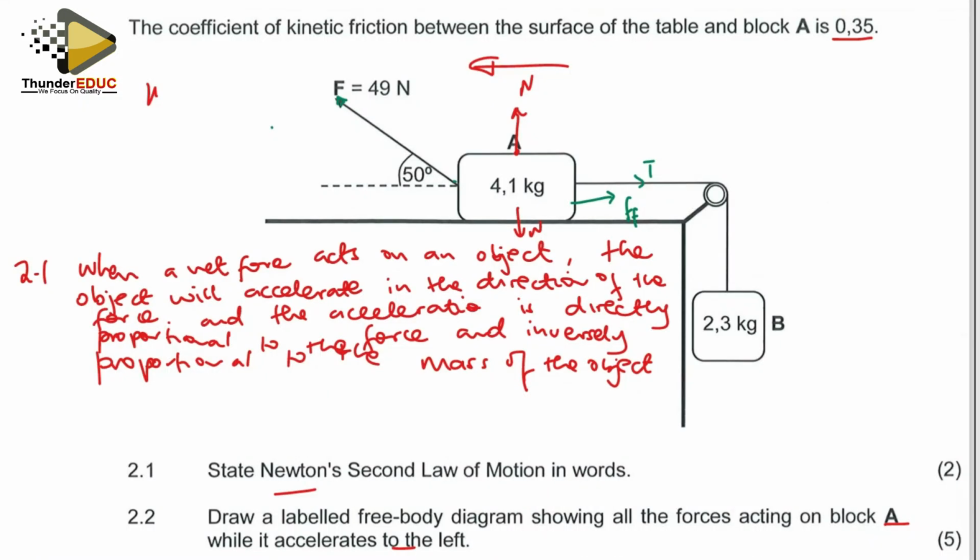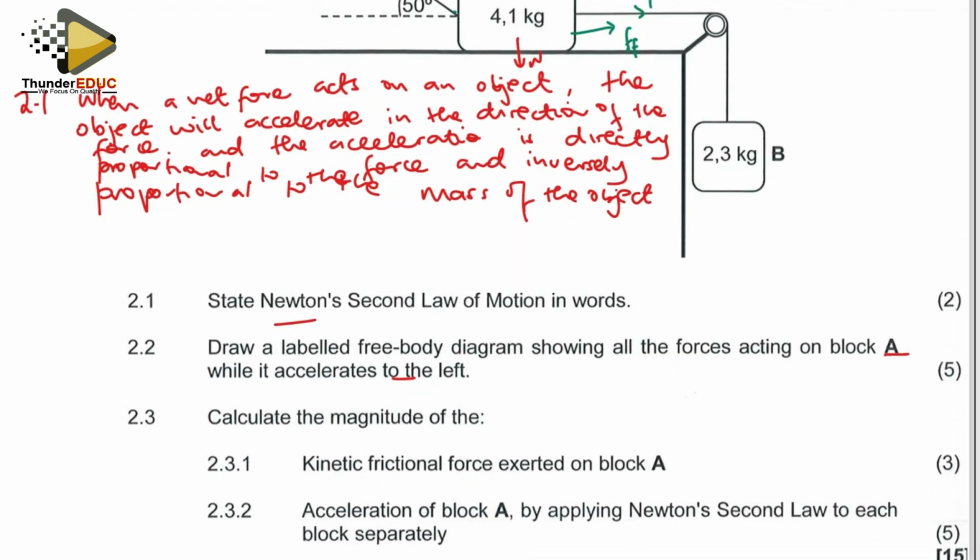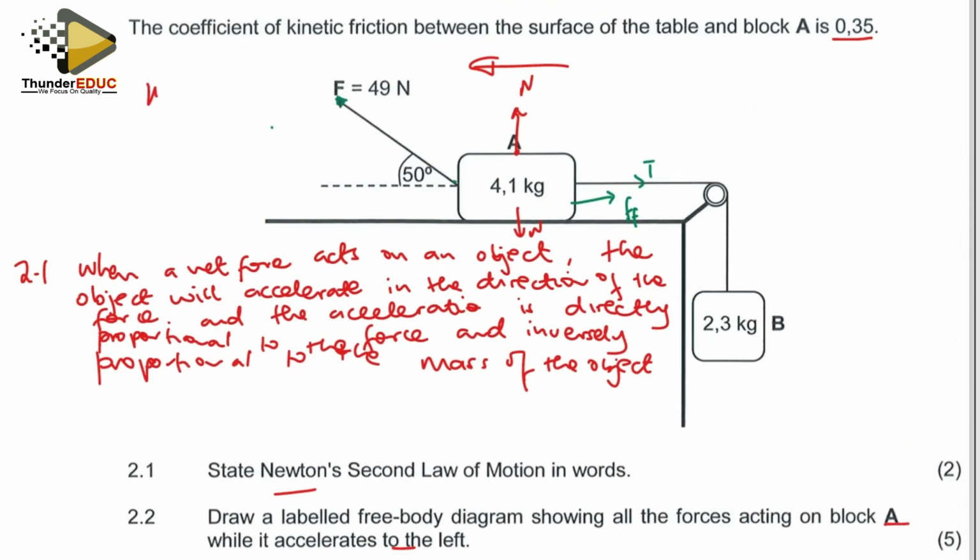2.3 is asking us to calculate the magnitude of the frictional force that is exerted on block A. Okay, so when we look at the body A itself, we can see that this applied force is at an angle, so it has components.